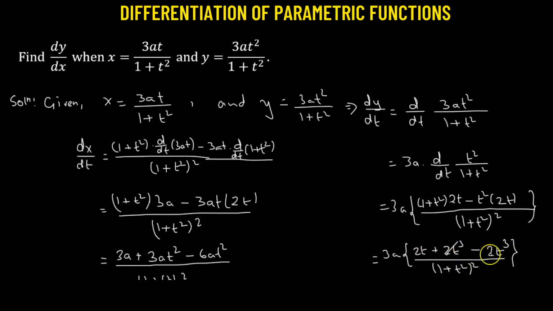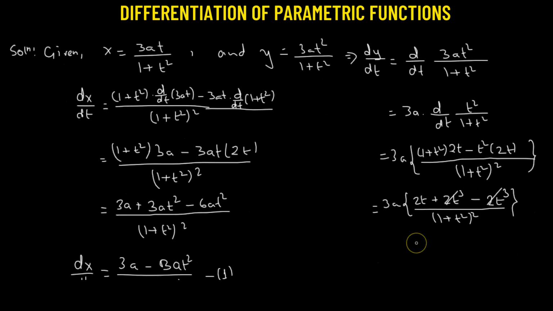Now 2t cubed and negative 2t cubed get cancelled out, and this gives us the value of the derivative of y with respect to t, which will be 3a multiplied by 2t, that will be 6at, whole divided by 1 plus t squared whole squared. Let's label this as equation number 2.